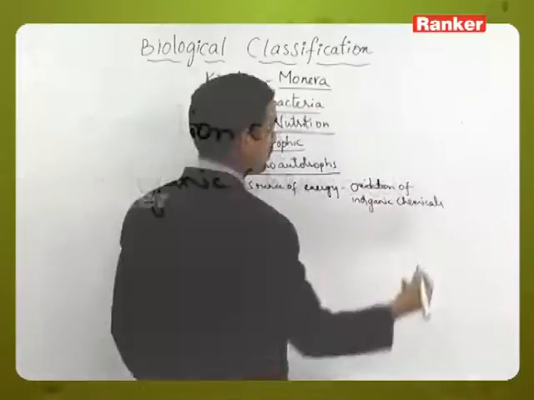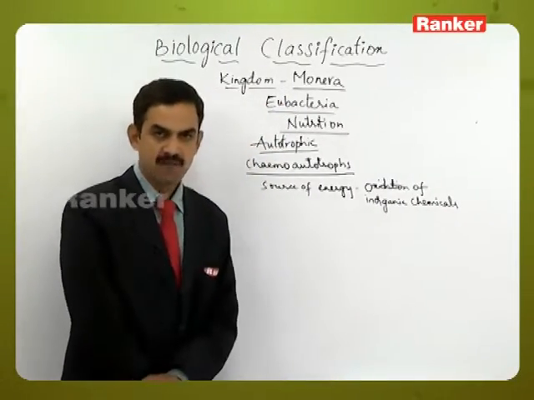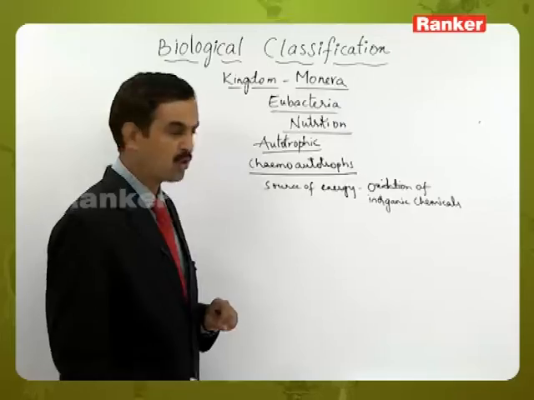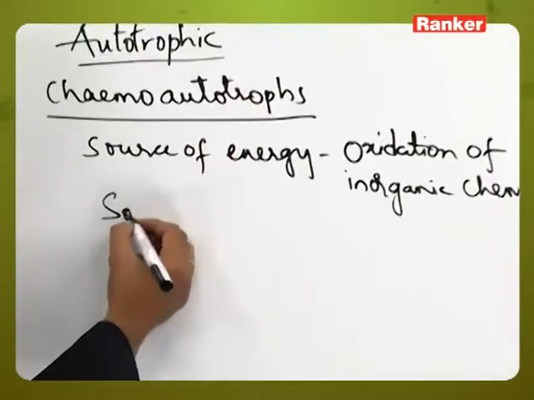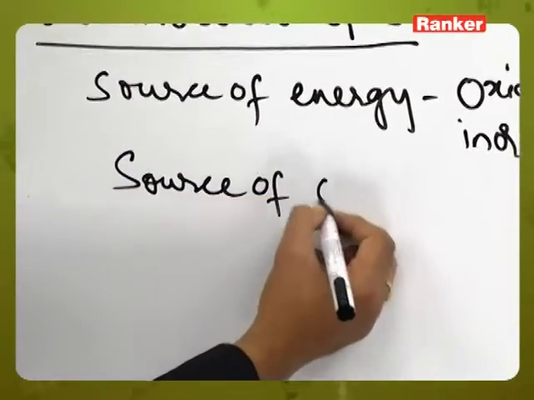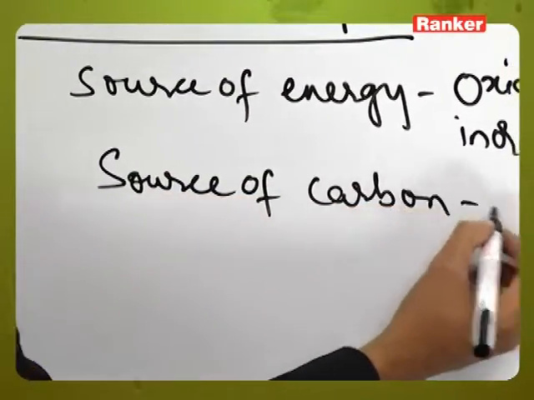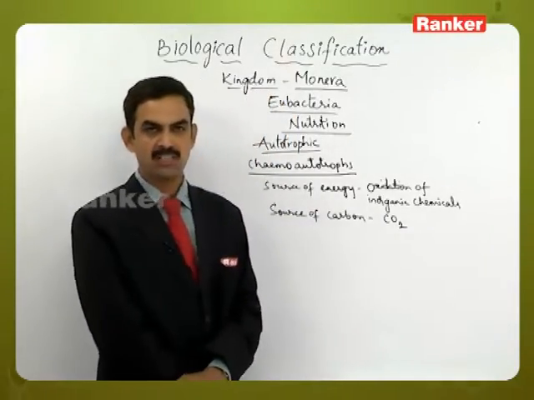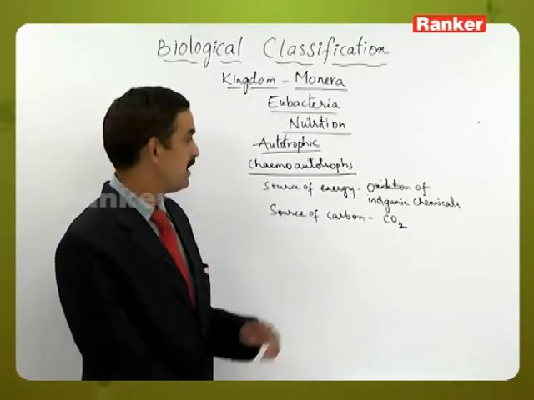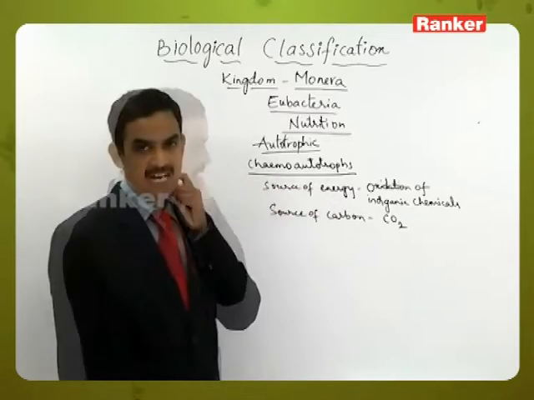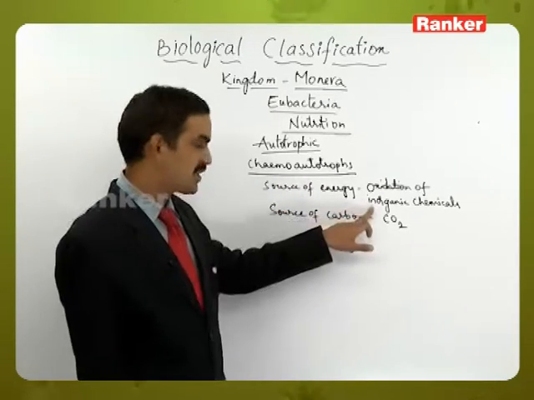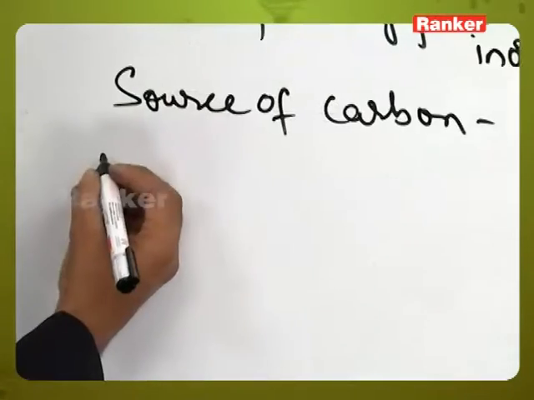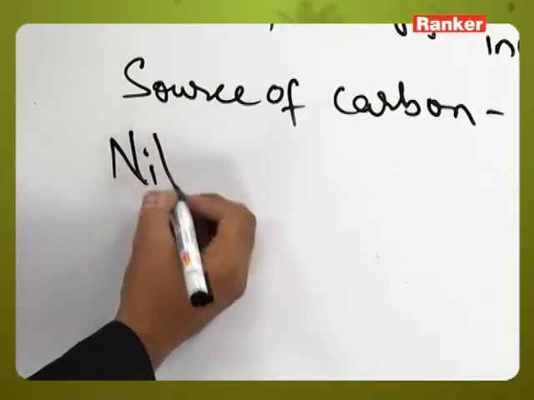That is, when the inorganic chemicals are oxidized, they release some energy. That energy is useful for performing photosynthesis. And the source of carbon is carbon dioxide from the atmosphere. Based on the type of chemical which is oxidized, they are further divided into different types, like nitrifying bacteria.